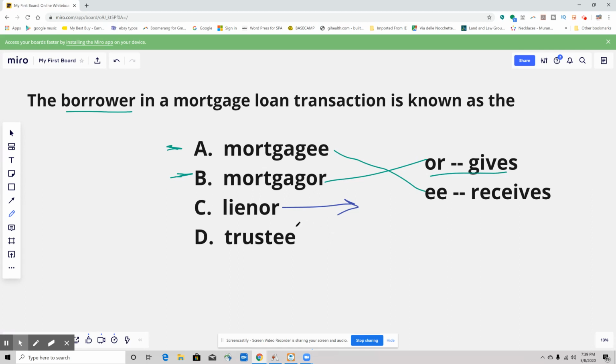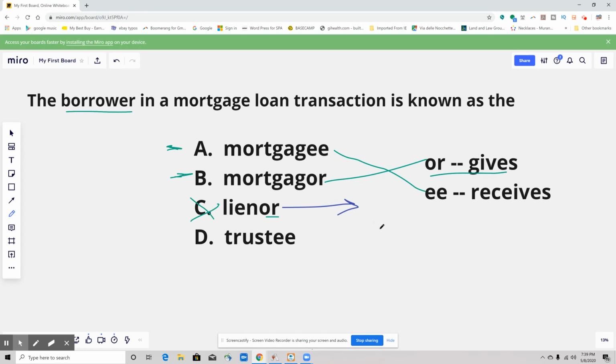A lienor, so we said OR gives. A lienor gives or places a lien on a property. So that will be someone who is going to be placing that lien, whether it be a mortgage, mechanics, or other lien, on the property. So the borrower is probably not going to be placing a lien on their own home, so they're definitely not going to be the lienor.